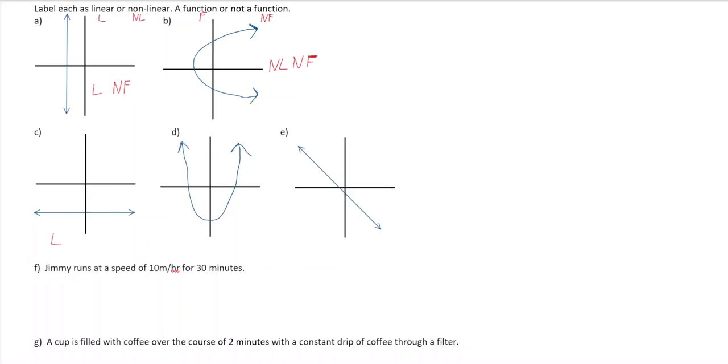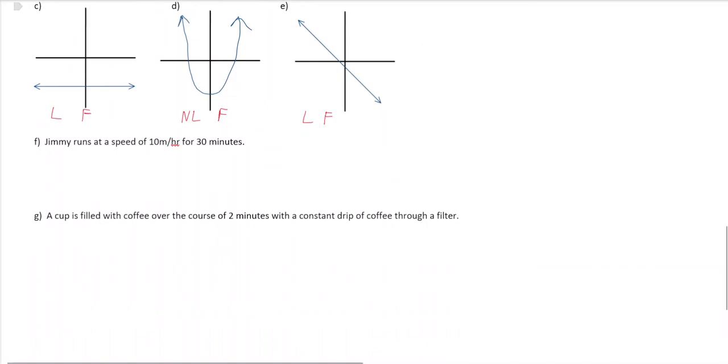This is obviously a straight line, it's linear, and it is a function because it always passes the vertical line test. This one is nonlinear, but is a function because it passes the vertical line test, but it's curved. This one is linear and is a function again because it's a straight line and passes the vertical line test.